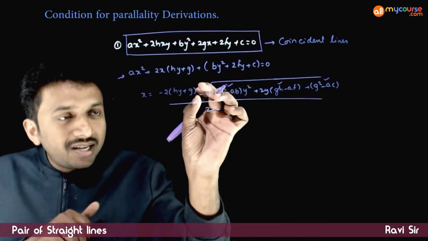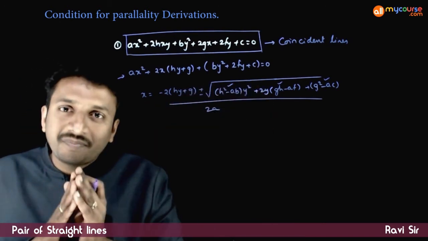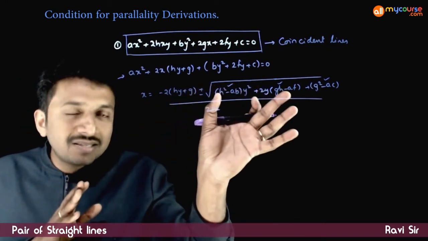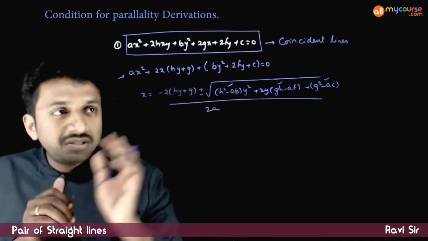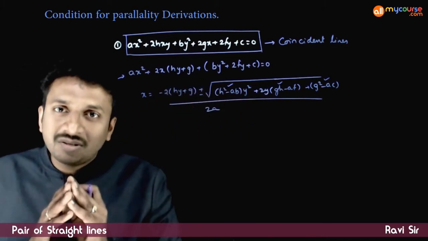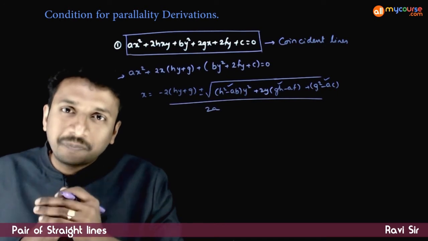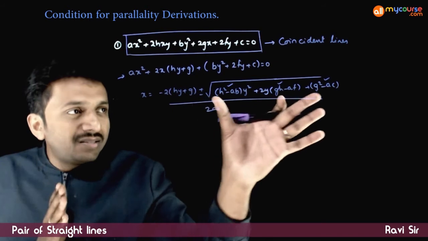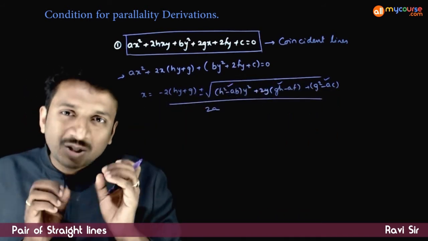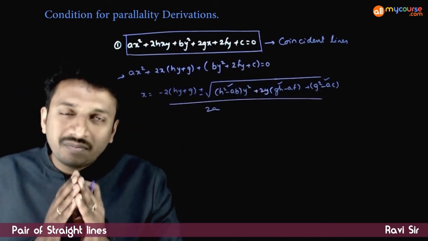So I should not get any plus minus some number. If you have plus minus some expression, with plus you get one expression, with minus you get another expression, which means two different lines. So if you want coincident lines, this whole term has to be exactly equal to 0.